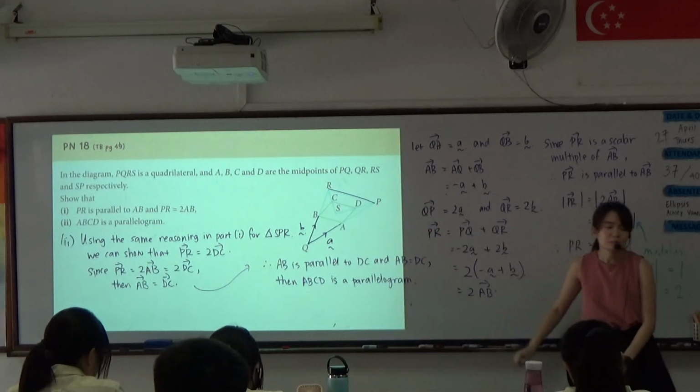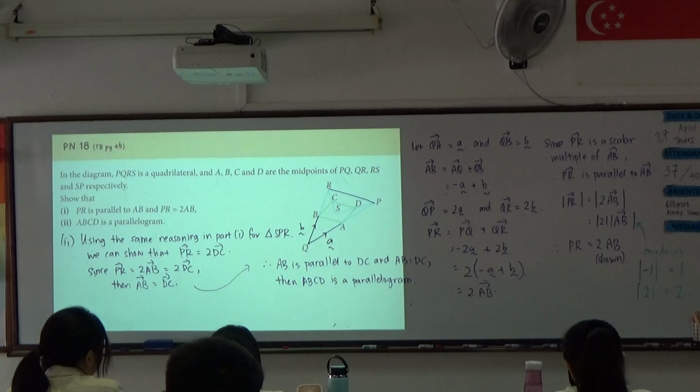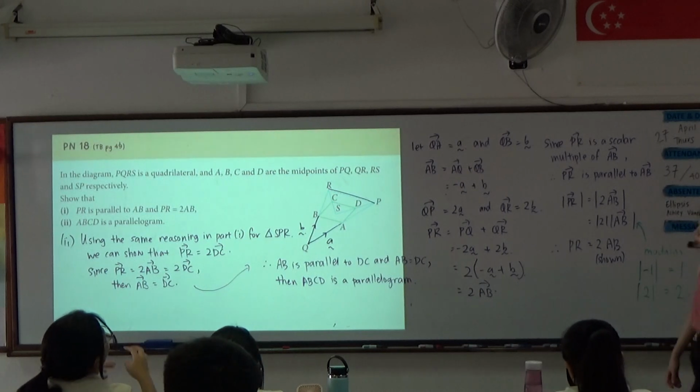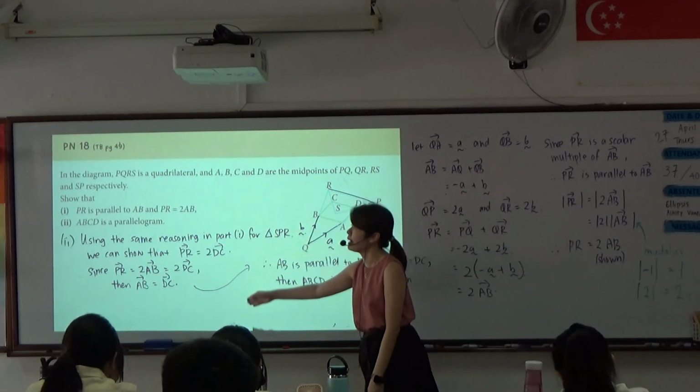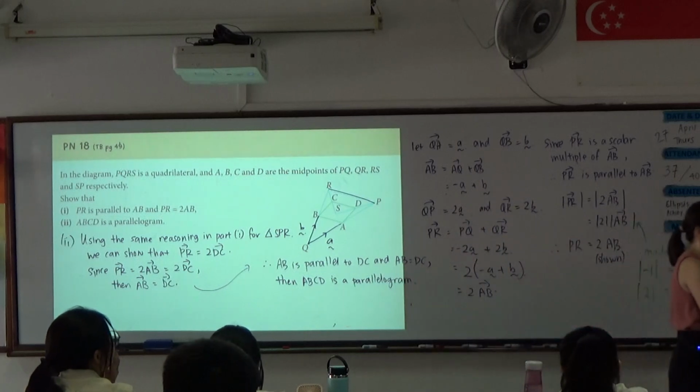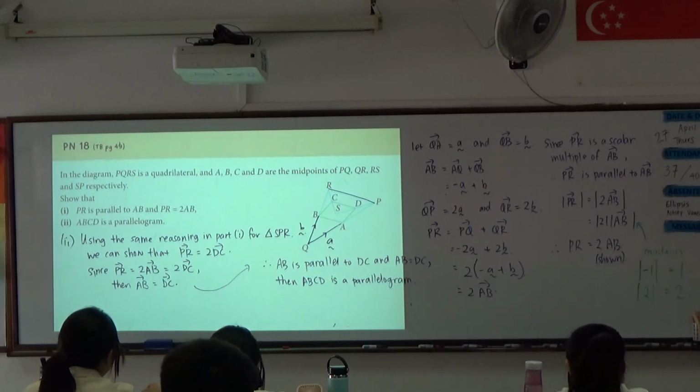And the way we go about proving this parallelogram idea is somewhat a short preview to our very last chapter in A-Maths, when we do plane geometry. A lot of proving.